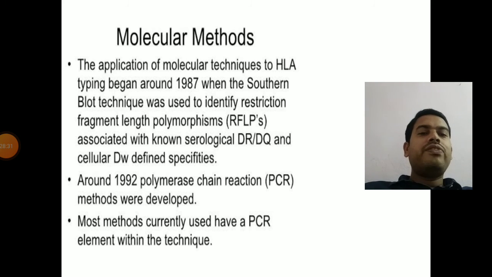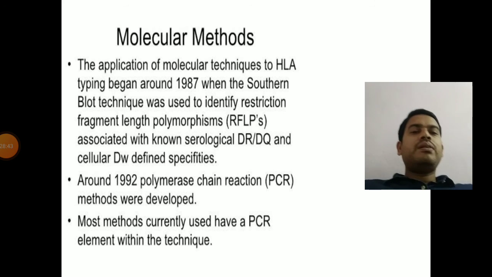So the alleles of HLA, DR, DQ and DW are easily typed with the help of molecular techniques after the invention of Southern blotting and also PCR. So PCR and Southern blotting made HLA typing easy in organ transplantation.